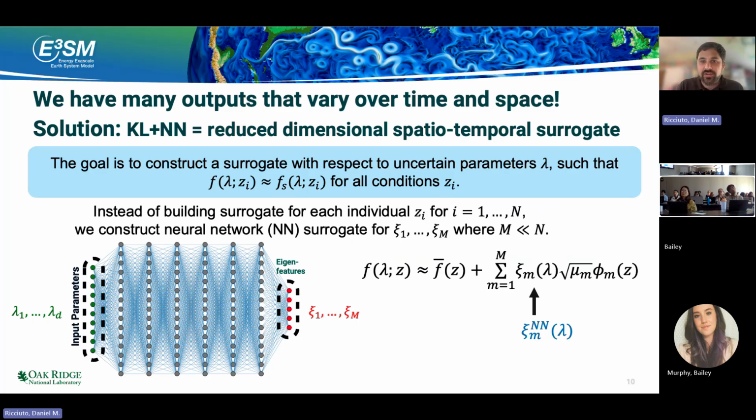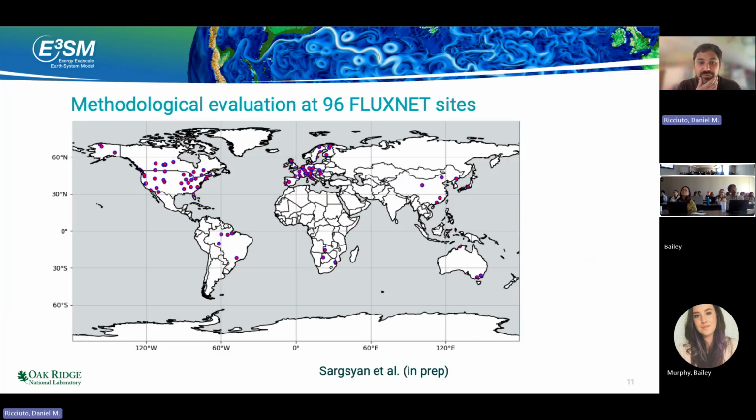What I'm going to show here are some results from a paper that my colleague Khachik Sargsyan is working on. It's a methodological evaluation at 96 FLUXNET sites. He was able to generate this kind of reduced dimension surrogate model and apply that to these sites and do things like sensitivity analysis and calibration.